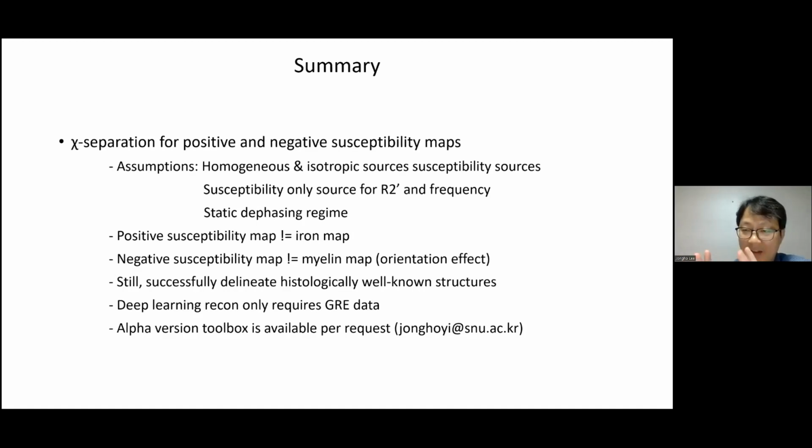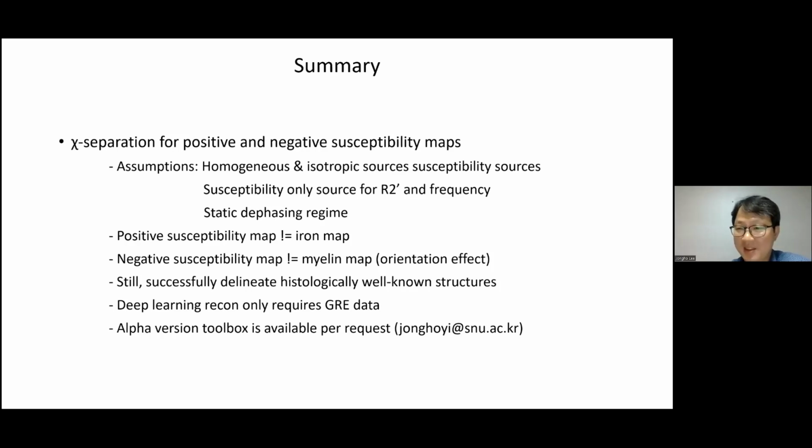I've been saying about these assumptions because one has to be very clear what we can do and what we cannot do with the technology, and there are always limitations of it. So I'm very cautious about saying the positive susceptibility map and equating to the iron map.